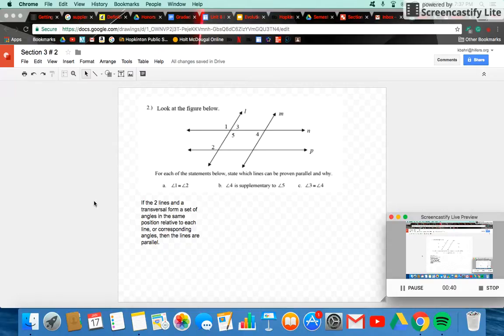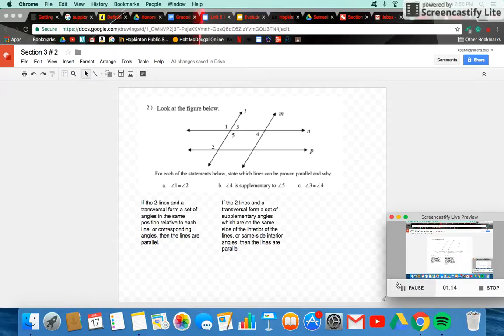So basically, this is the converse of the corresponding angle postulate, meaning that we already know that these two angles, angle 1 and 2, are congruent, and they are in the same position relative to this line N and line P. So we know that they are congruent, and because of this, we can say that the lines N and P are parallel.